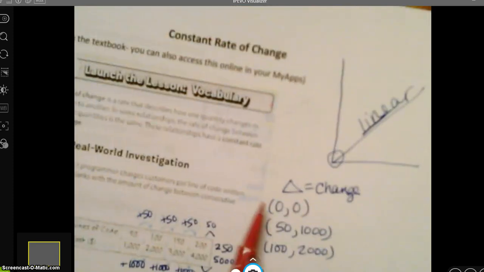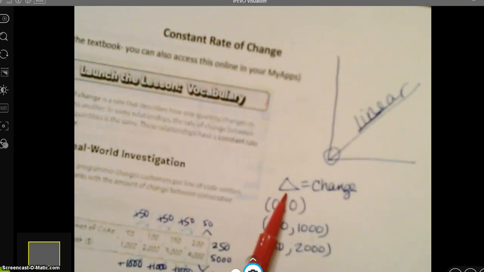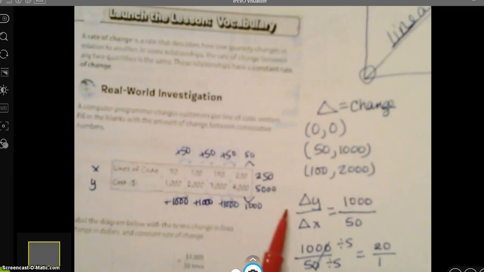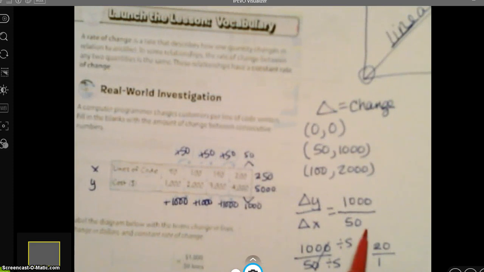Delta is the little triangle, it's just a Greek symbol, and it means change. So these are all the same. Delta y is change in y over change in x. So notice that even though y is down, it goes up, and even though x is up, it goes down.